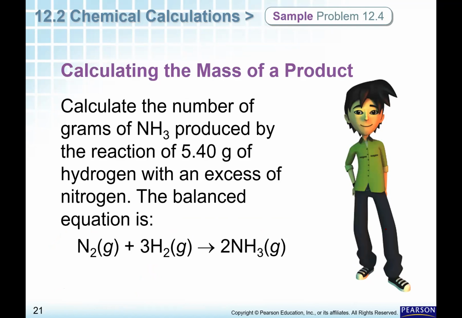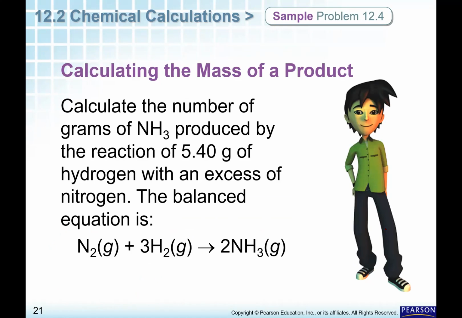All right, calculate the number of grams of ammonia produced by the reaction of 5.4 grams of hydrogen with an excess of nitrogen. Why do we say excess of nitrogen? Because the nitrogen is not in the calculation. That's the meaning of being in excess.